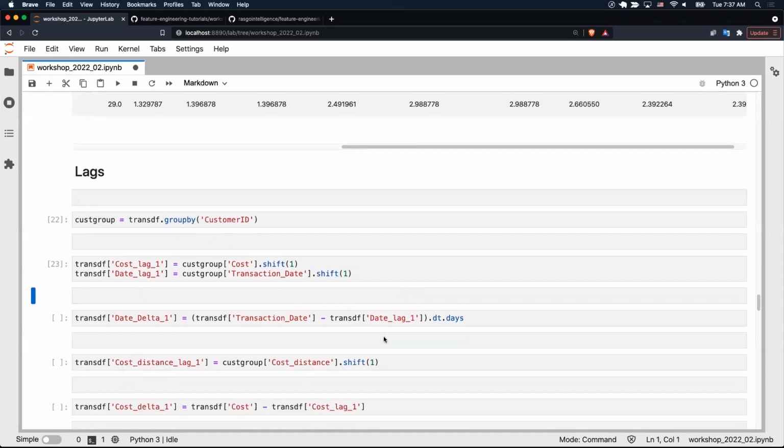And then I can do some interesting things with this. The first thing is how long it's been since the customer last purchased is interesting, right? As customers lose interest in your company, it may be that they purchase less frequently.